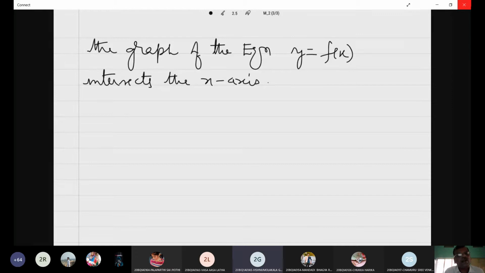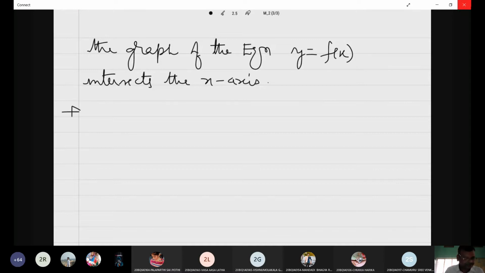What type of roots exist for an nth degree equation? Sometimes they may be real roots, sometimes complex roots, sometimes simple roots, sometimes multiple roots. All types of roots may exist for the nth degree equation. We have to keep this point in mind.